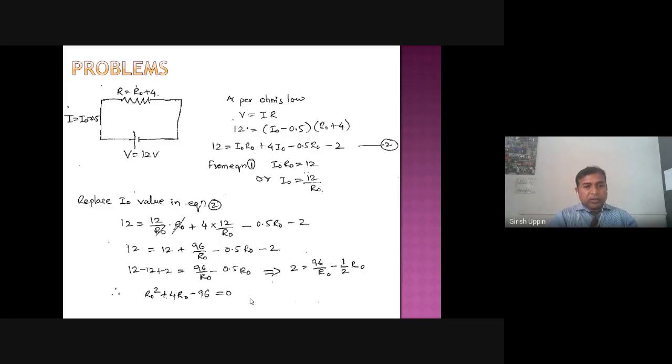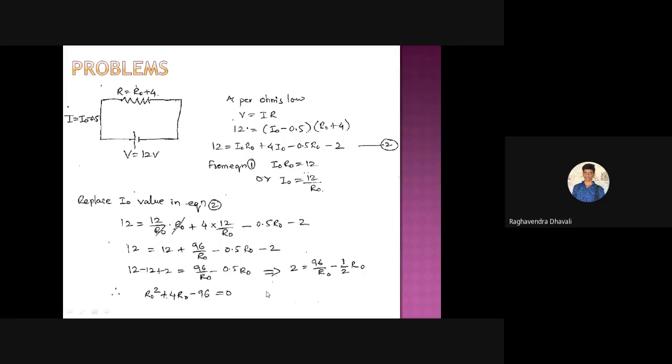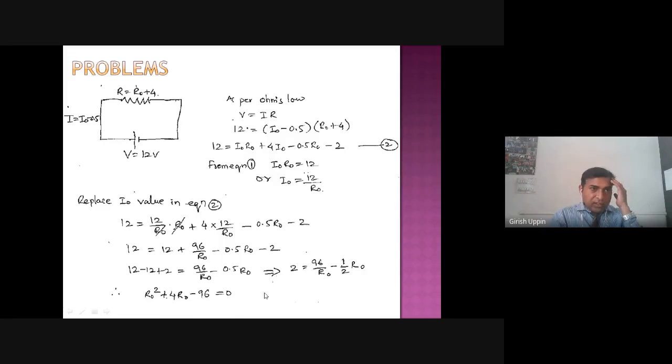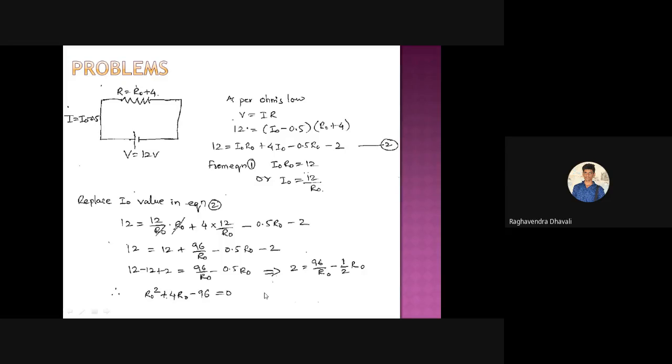Yes. So this is of the form ax square plus bx plus c. Here the variable is R naught. What is the a value here? A is equal to 1. B is 4. C is minus 96.